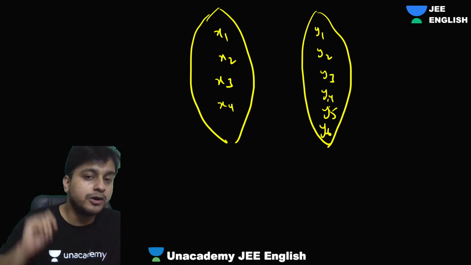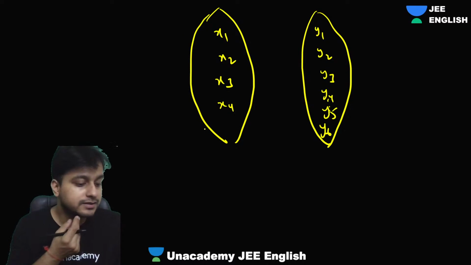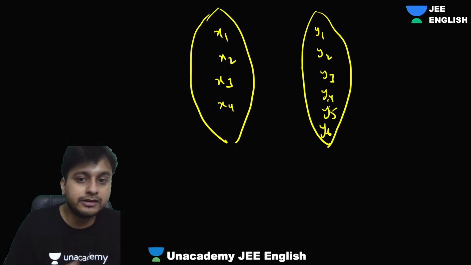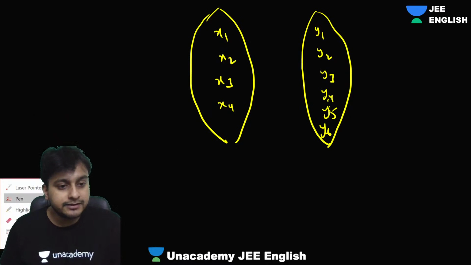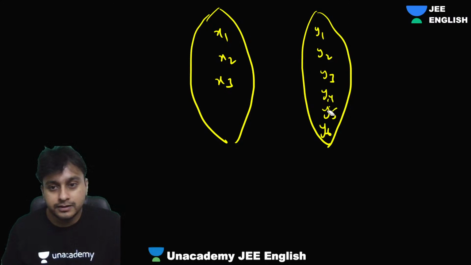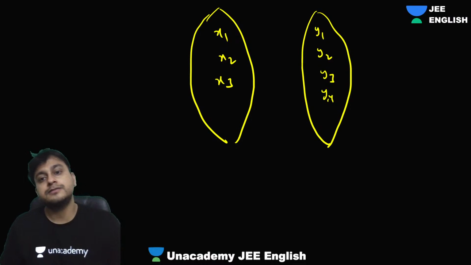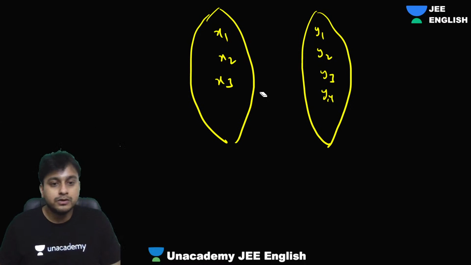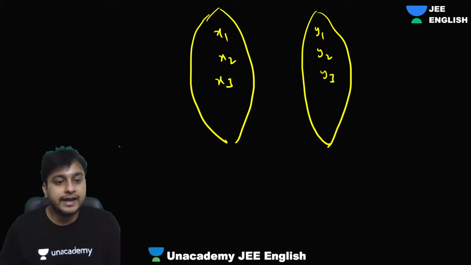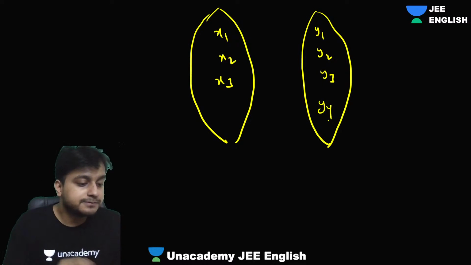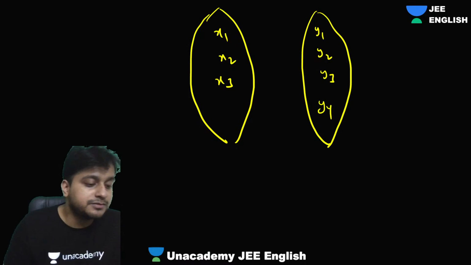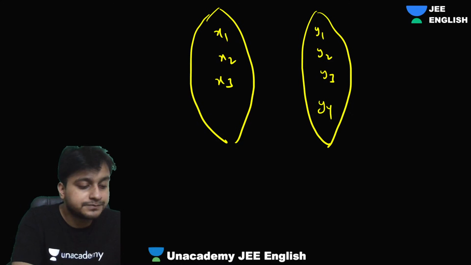Can this function be onto? Try to make it onto. Let me simplify it a bit. Now tell me, can this function be onto by any stretch of imagination? Very interesting concept we are discussing. Can this be onto?